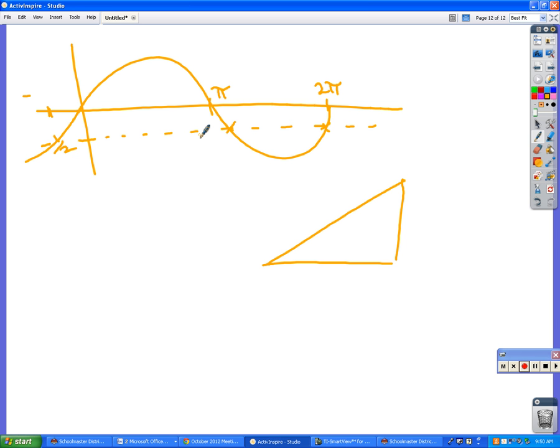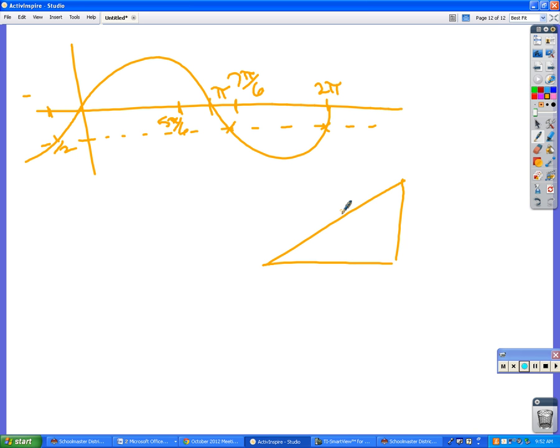Okay, and what is that in terms of pi over something? So this is 5 pi over 6 right there. So what's that going to be? 7 pi over 6.